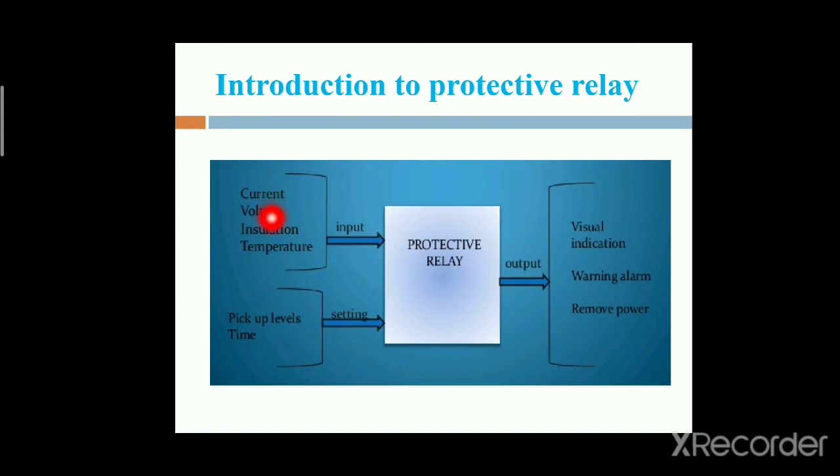While giving the current or voltage, if the pickup value is exceeded, then it automatically gives the alarm signal. When the short circuit currents or voltages increase, it gives the alarm signal. That is the output of the relay.